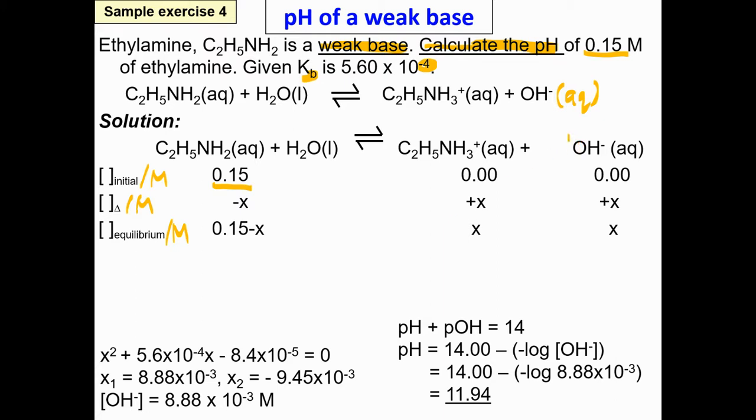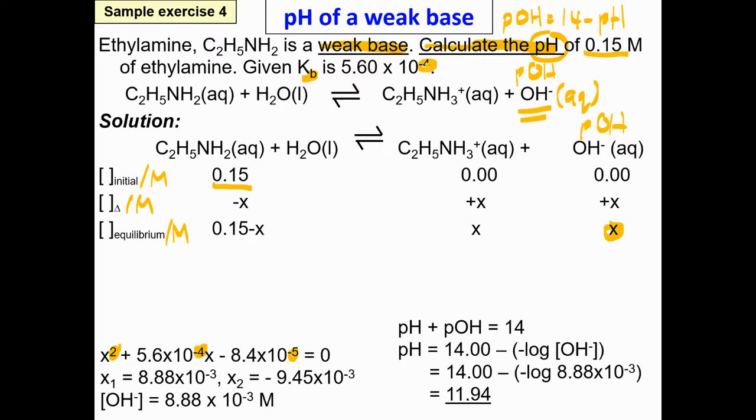If we want to know the pH, but this is a base, so we know that pOH equals 14 minus pH. So from here we can find pOH first. Solving X will lead us to pOH. However, this time, why are we using quadratic instead of assumption?